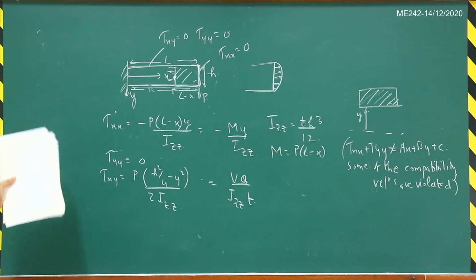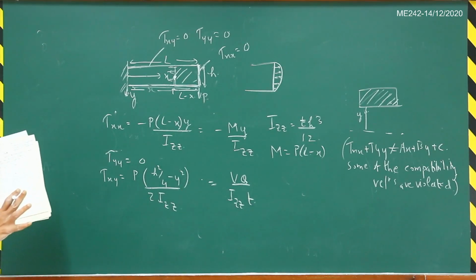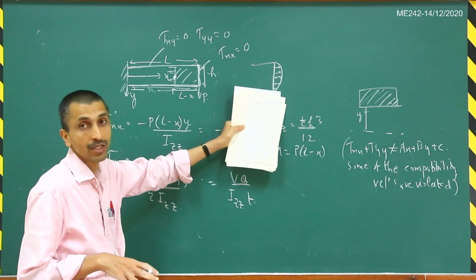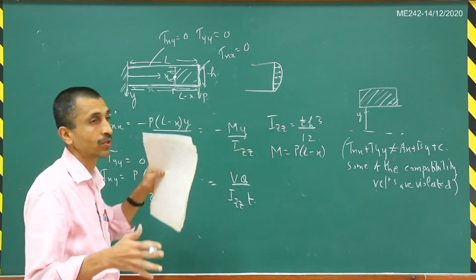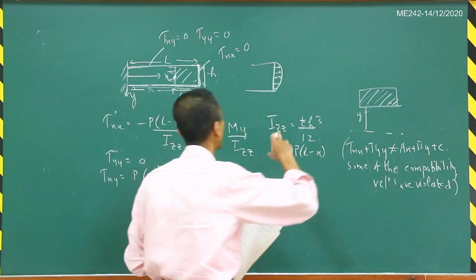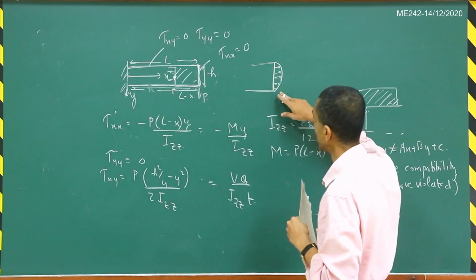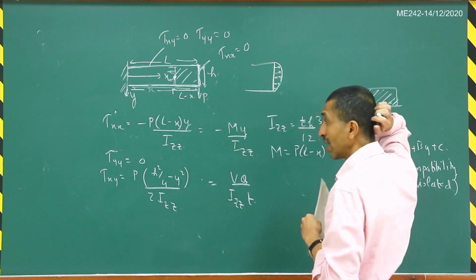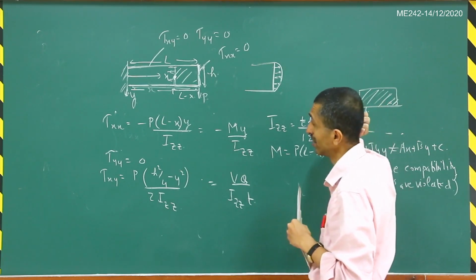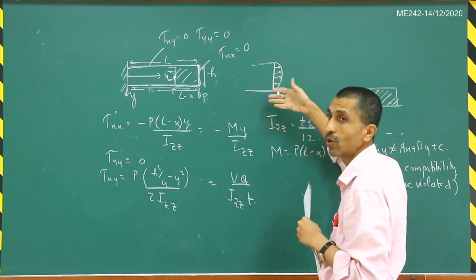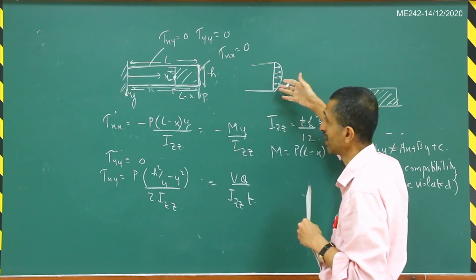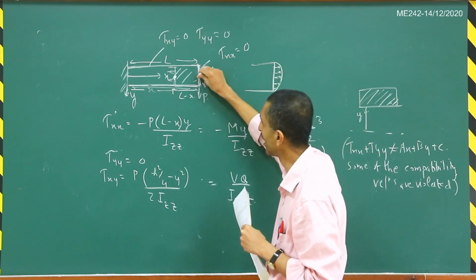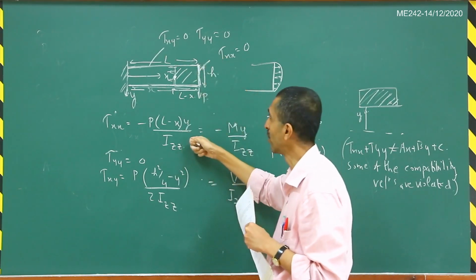So for this whole solution to hold, your load P should be applied in this particular manner. Only when the tractions are applied in this parabolic distribution will this solution emerge. Correct? But in a practical situation, you may not apply the load in this particular fashion. Maybe you just put a nail into this and just hang a load by a thread.